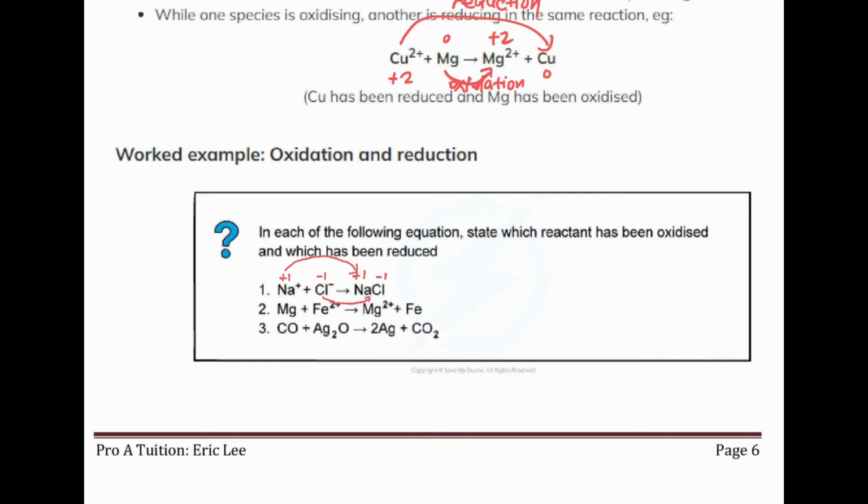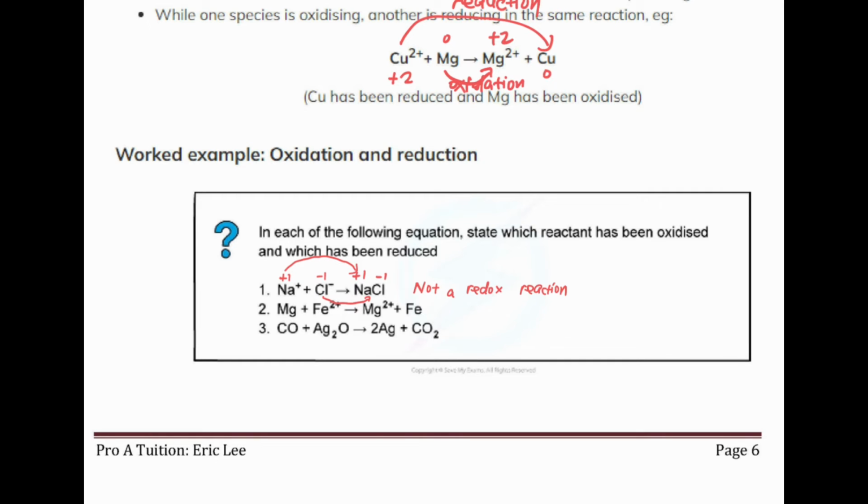So be careful with that. Although they form a compound, it doesn't mean there is no more charge there. The charge is still there, because they are ionic compounds. Ionic compounds have charge.